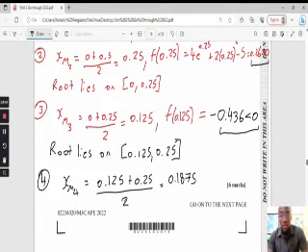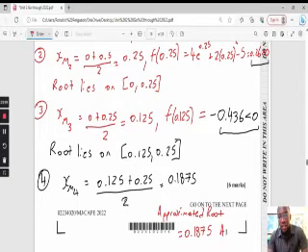In that case, that is our approximated root. So we conclude the approximated root is equal to 0.1875. That's it. Easy.